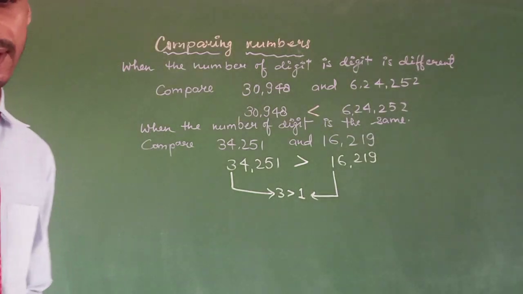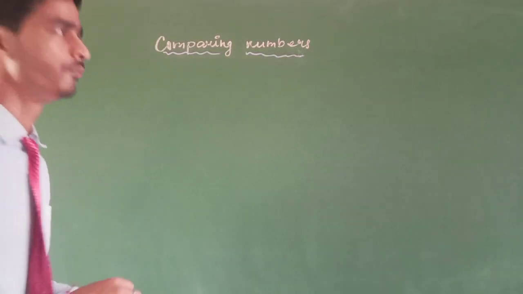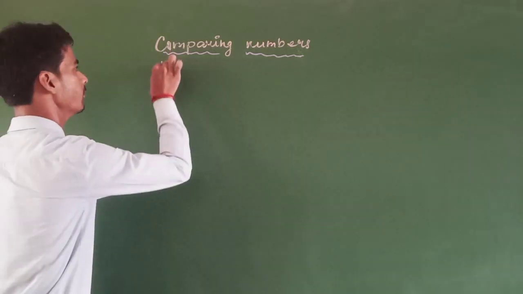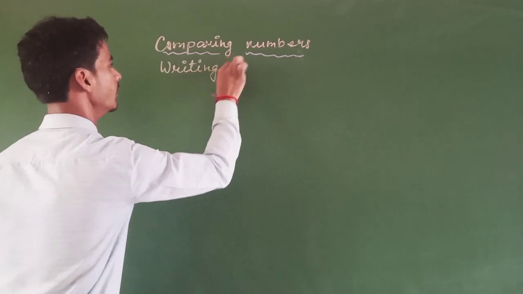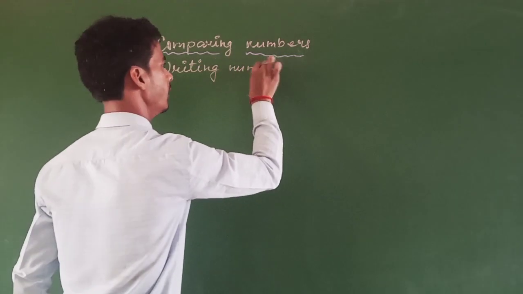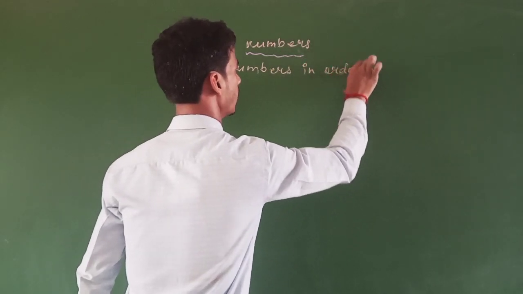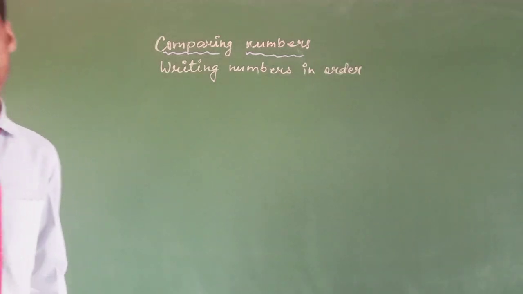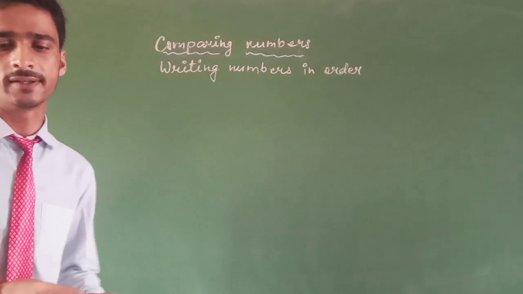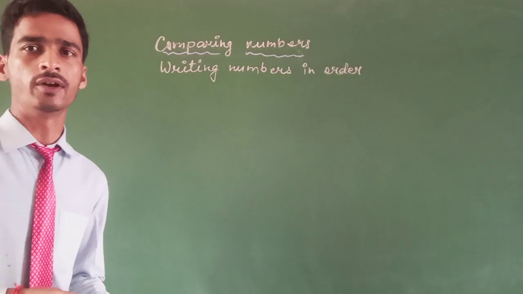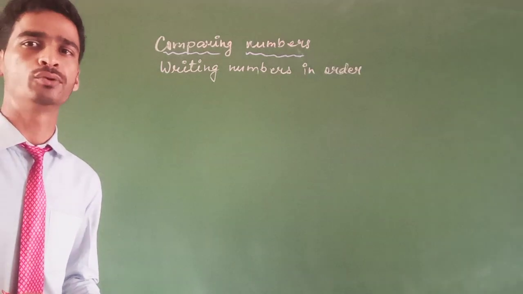Now the next topic is writing numbers in order. Firstly, ascending order means the order of numbers from the smallest to the greatest, and descending order means the order of numbers from the greatest to the smallest.